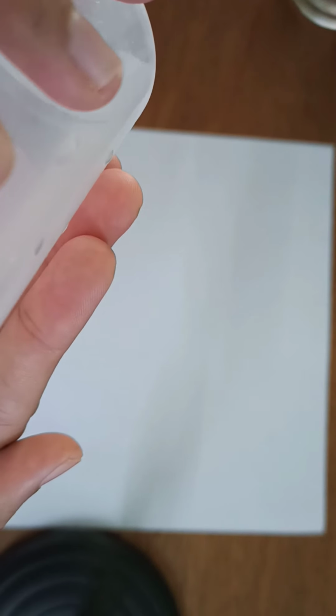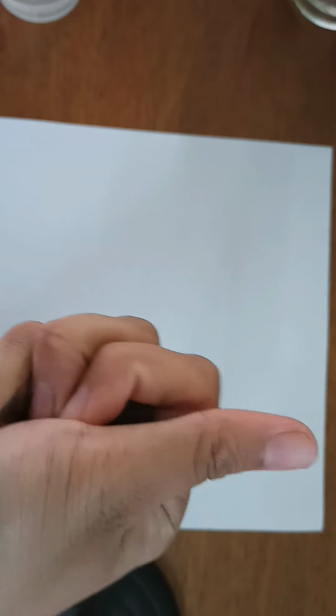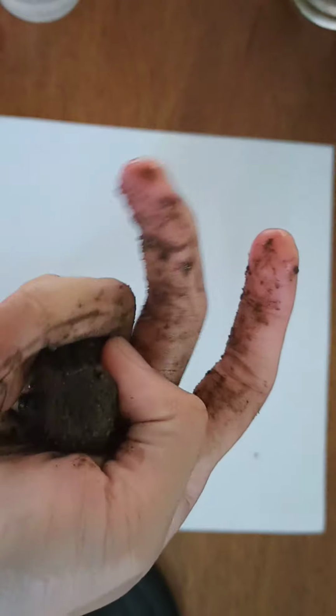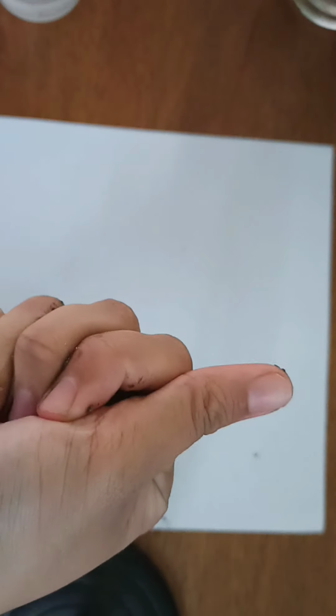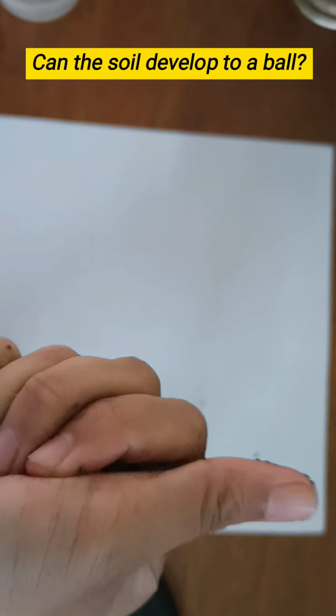So you're going to drop a little bit of water. Okay, so now you are going to knead the soil to form a moist putty and try to develop a ball. Okay, can you build a ball?